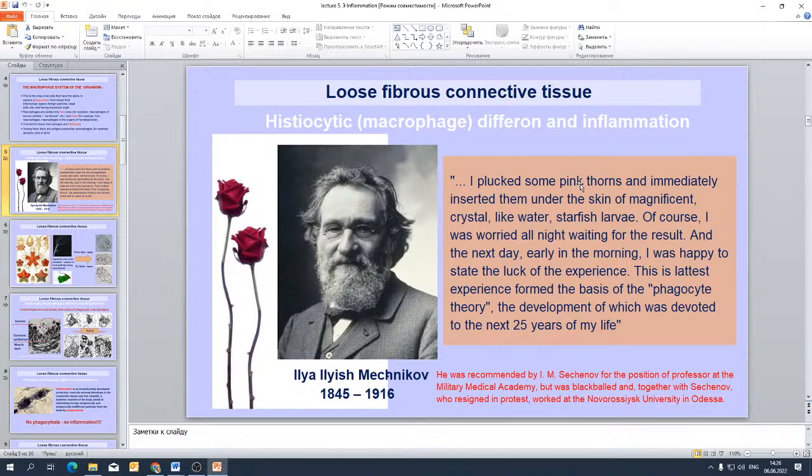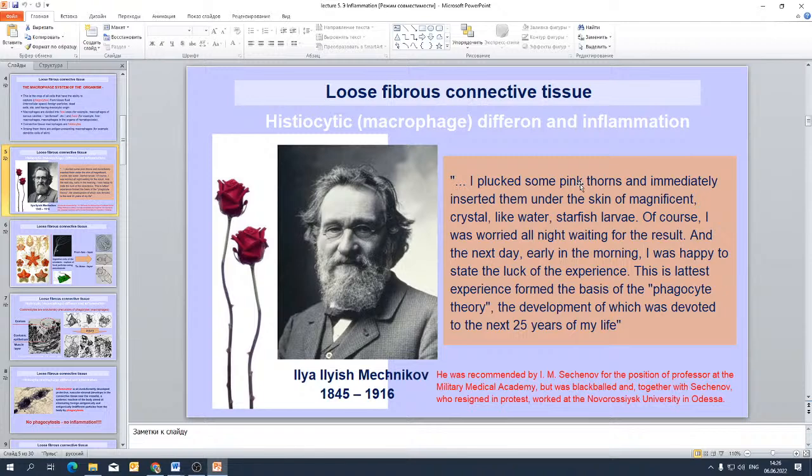Of course, I was worried all night waiting for the result, and the next day, early in the morning, I was happy to state the success of the experiment. This experience formed the basis of the phagocytic theory, to the development of which I devoted the next 25 years of my life.